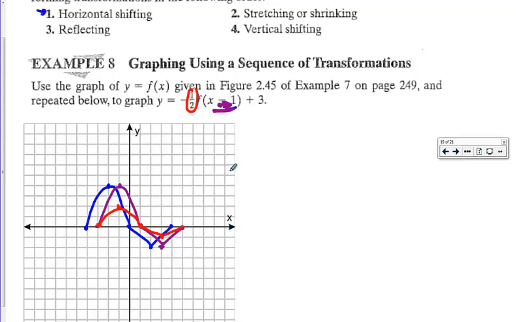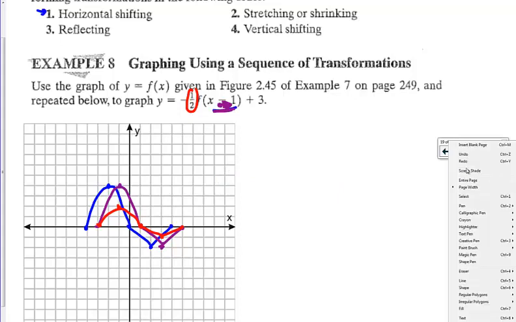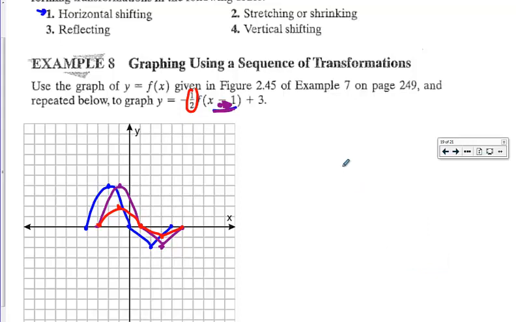Okay. The next thing I have is any reflecting. Do I have any reflecting? I do, because of this negative out in front. What that negative tells me is I need to flip every point over the x-axis, because that negative out front means I'm reflecting about the x.